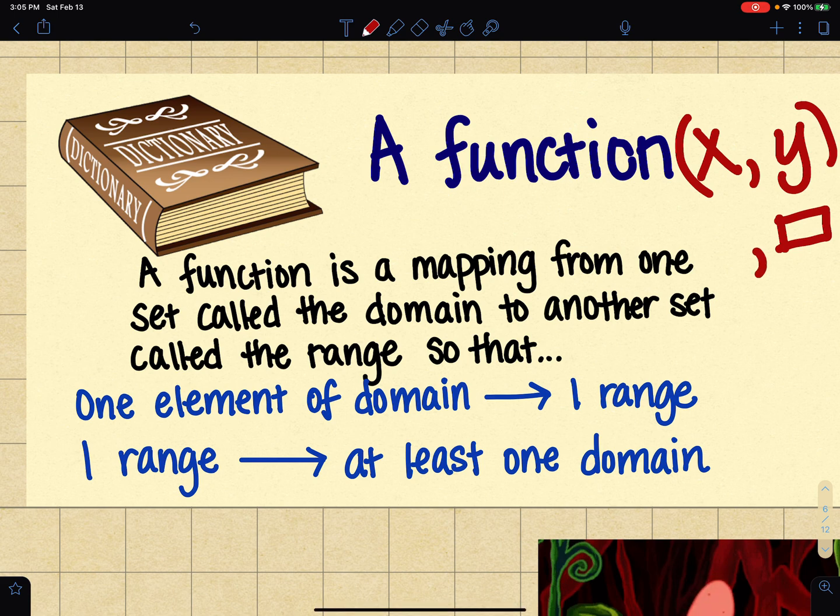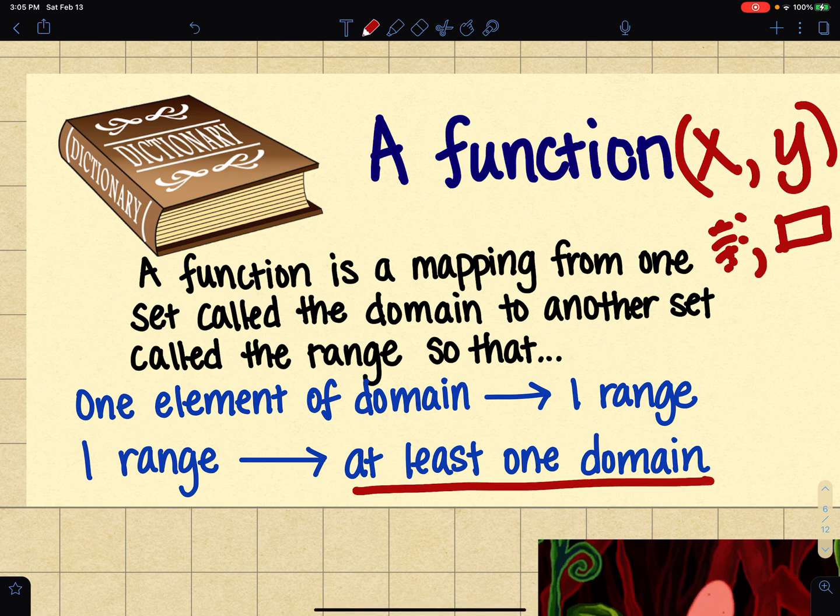Well, you could put in a dollar bill, or you could put in 4 quarters, or you could put in 10 dimes. The x might be more than one thing, and that's fine as long as you get the candy bar every time.